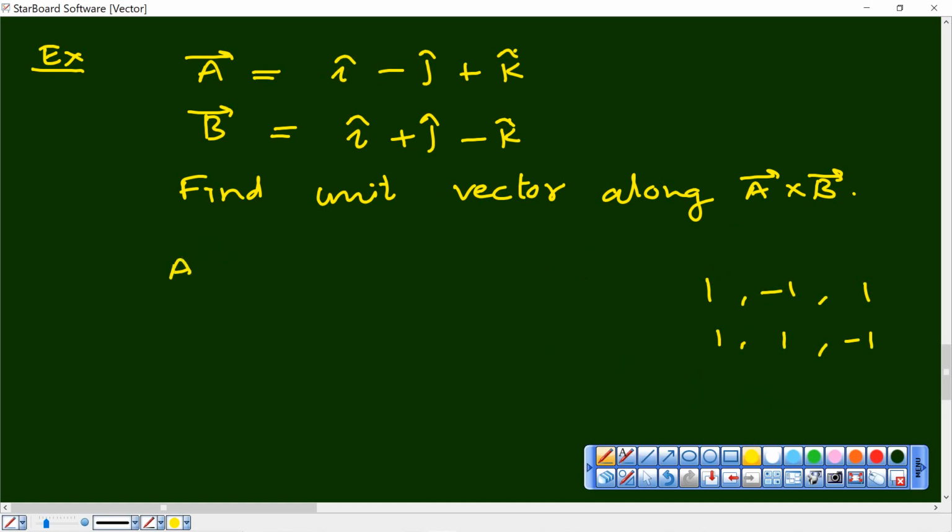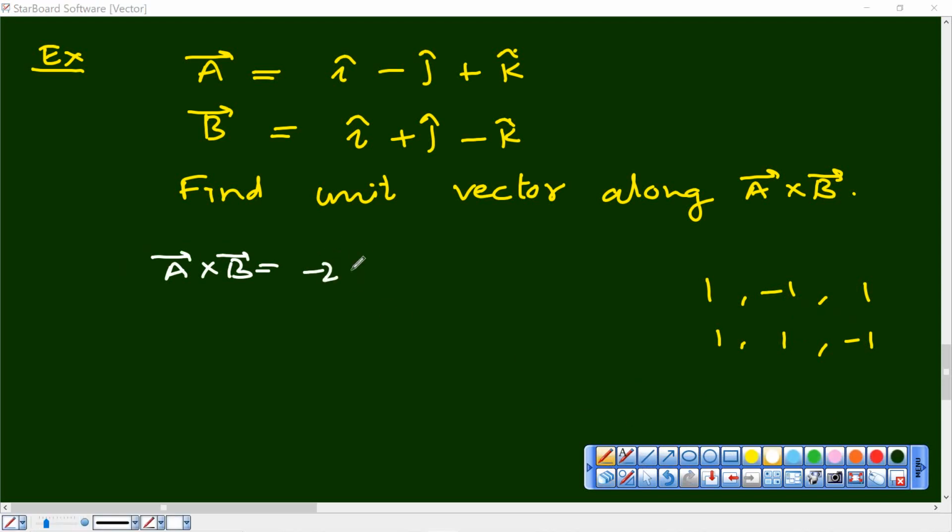A cross B would be first this into this minus this into this. Understand this? Front slash, back slash. So minus 1 into 1 is minus 1, minus 1 into 1, so that is minus 2. So we'll have minus 2 i cap.